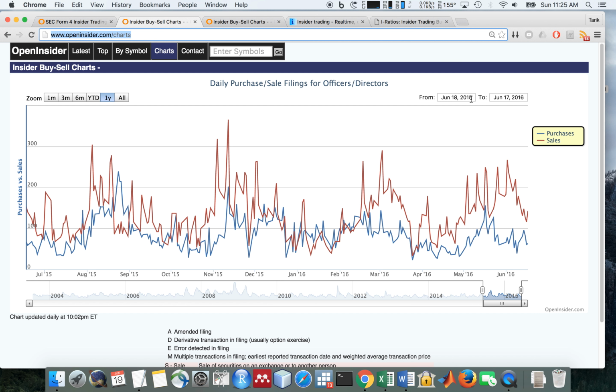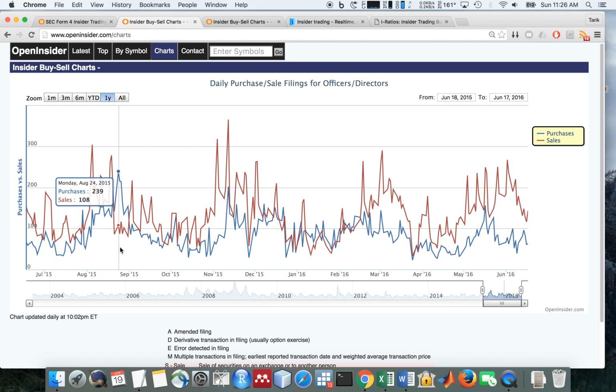And you can change the time window over here, from and to, and see how it varies. And right away, you can see that there are times when insider selling, for example, is much higher than buying. And you can see vice versa. There are times when insider selling is actually lower than insider buying.